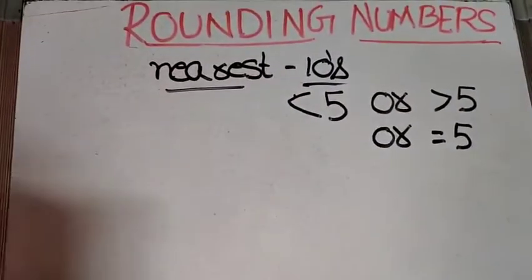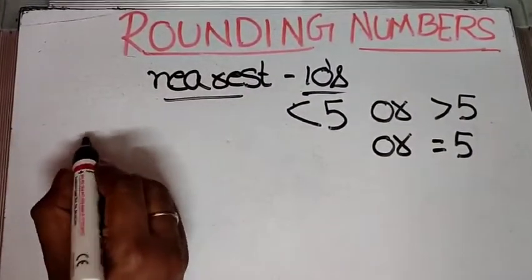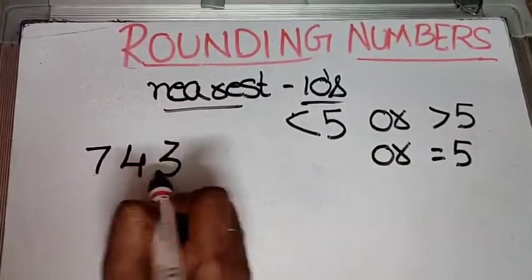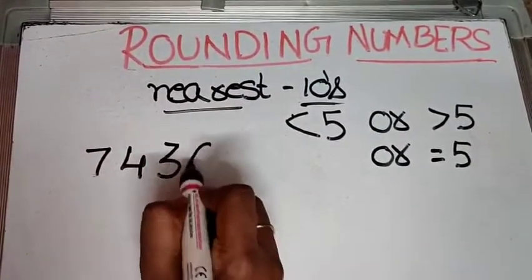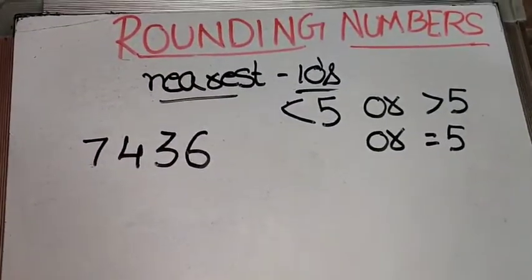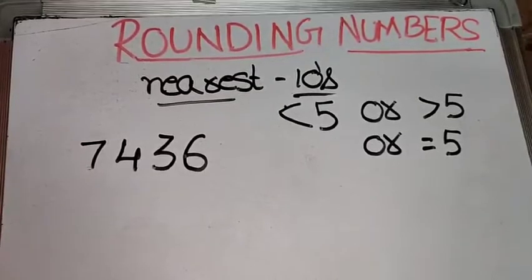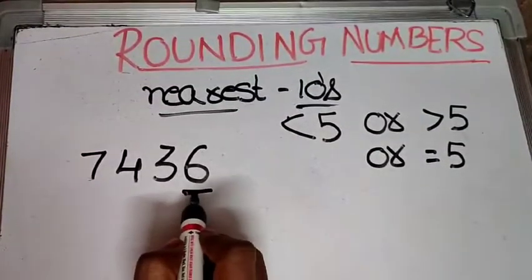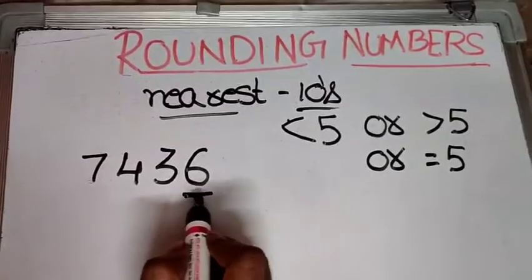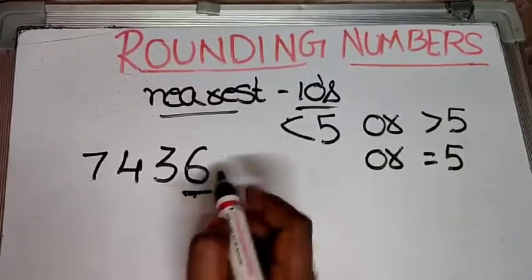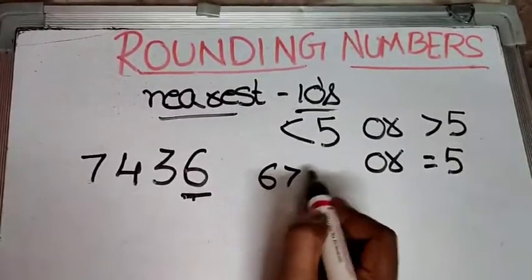Let us see one more example. Here I am taking 7436. Now we have to find the nearest tens. So here I am taking 6 because we have to check the ones place digit. Check whether it is less than 5 or greater than 5 or equal to 5. 6 is greater than 5.